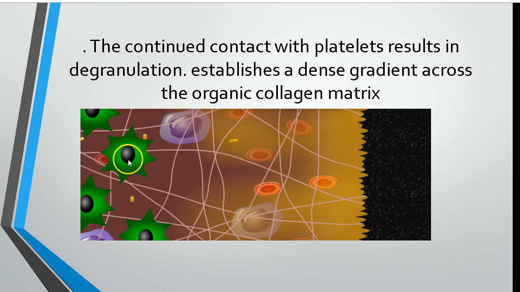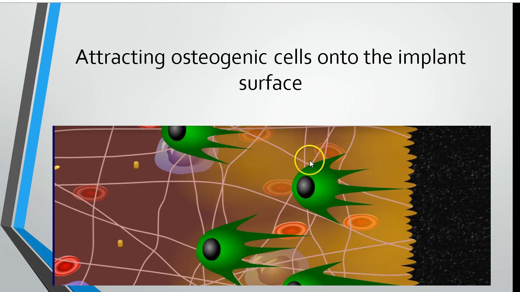This change of gradient gives signals to the mesenchymal cells to go towards the gradient, and when they do, they hatch on to one of those fibrins and drag themselves with it all the way to the implant surface. As they're moving onto the fibrin, they're lining it up to be attached right at the surface of the implant.